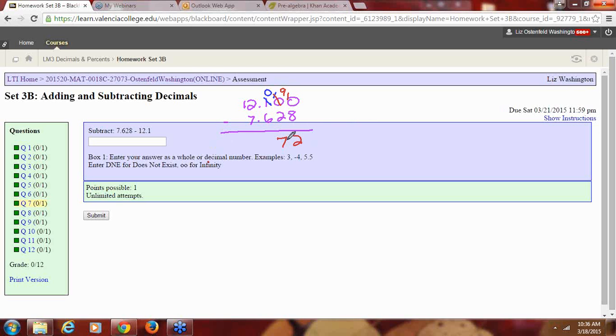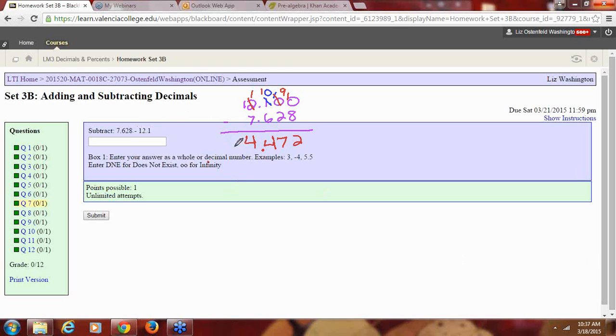Okay, 9 minus 2 is 7. I can't take 6 away from 0, so I got to borrow from this 2. Becomes 1. He becomes 10 again. 10 minus the 6 is 4. Decimal comes down. 11 minus 7 is 4. Now technically, we had the same exact thing though. That example is also going to give you a negative answer.